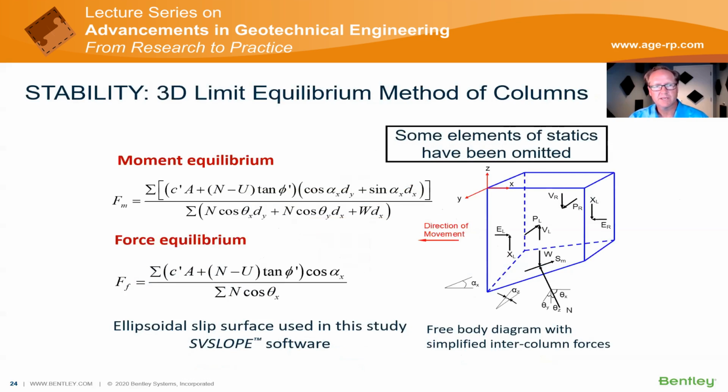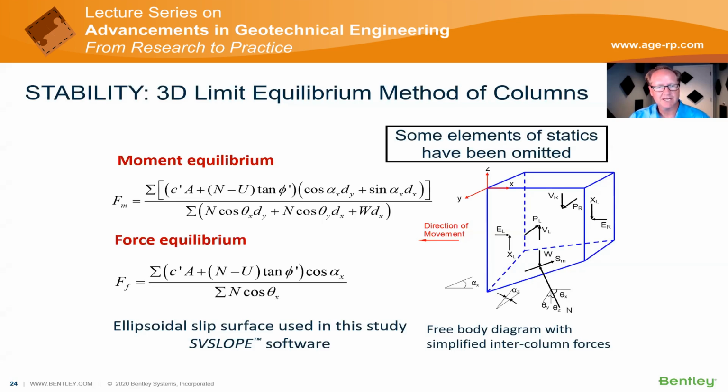So the 3D method of columns is just an extension of 2D analysis. And really, we have some extra physics we have to deal with. Every slice becomes a column now. And we are still solving the same equations for moment and force equilibrium here. Just to point out, here's our shear strength equation on the top, tan phi and cohesion.